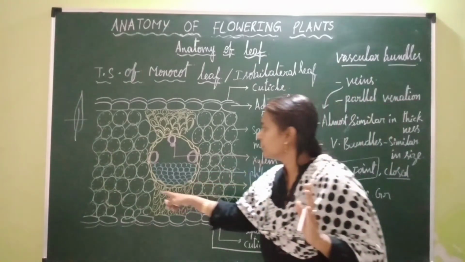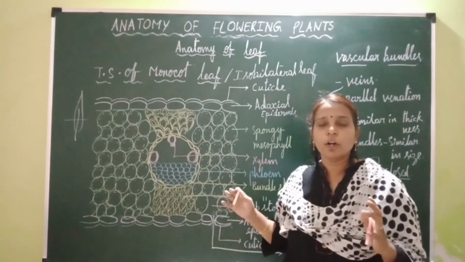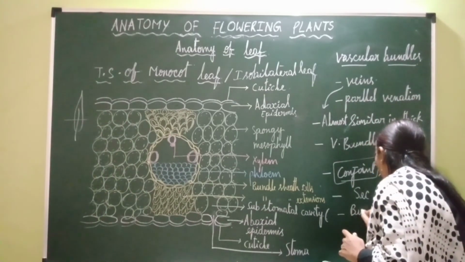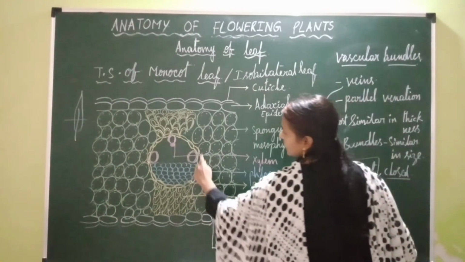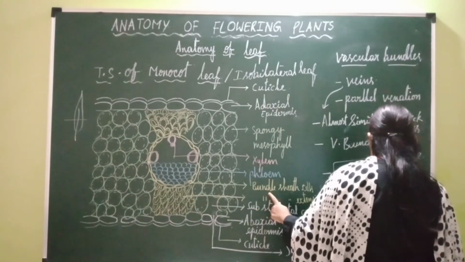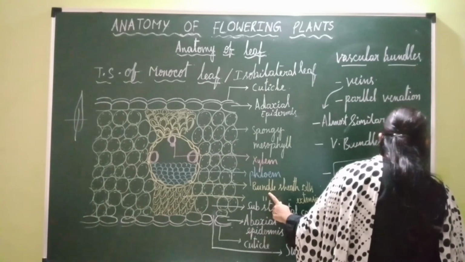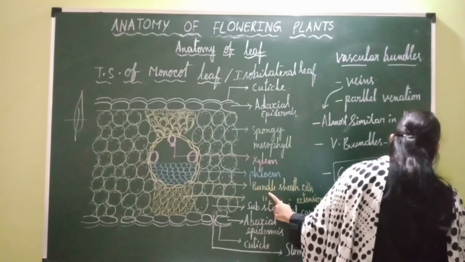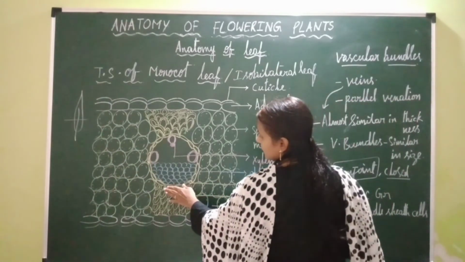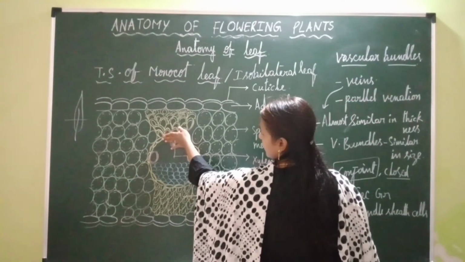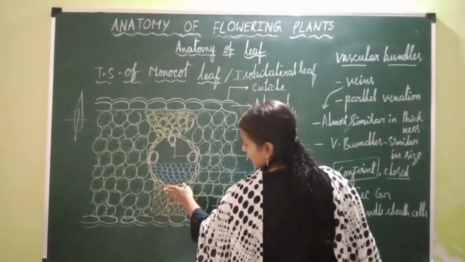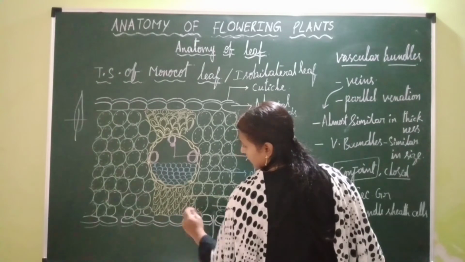Okay, and these vascular bundles are surrounded by thick-walled bundle sheath cells. These bundle sheath cells are made of sclerenchymatous cells. And these bundle sheath cells extend from vascular bundles towards the upper surface, upper epidermis, and even from the vascular bundle towards the lower epidermis.